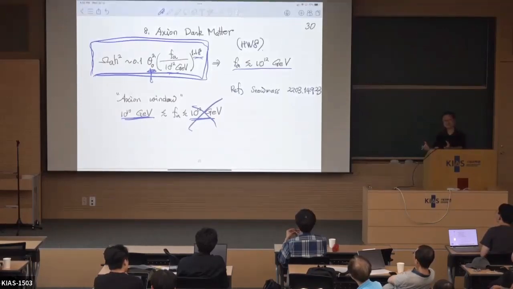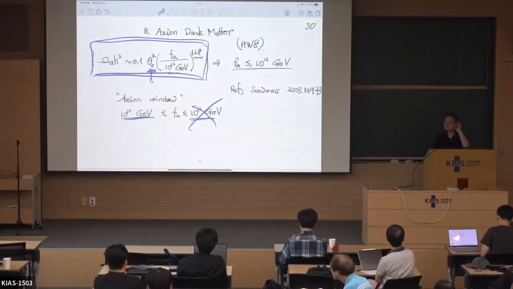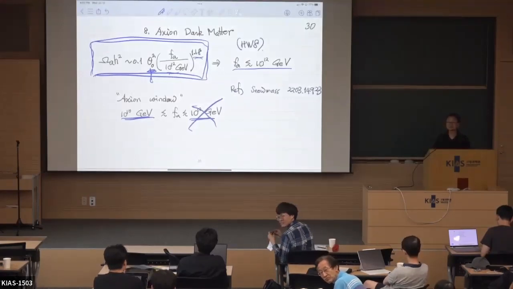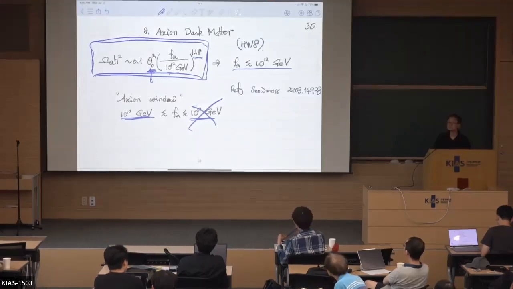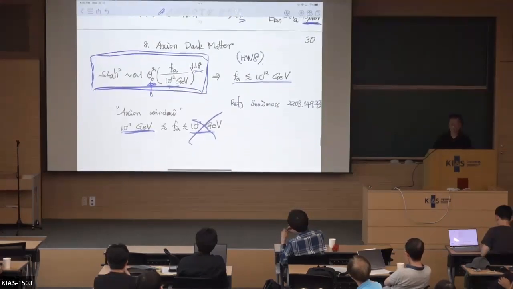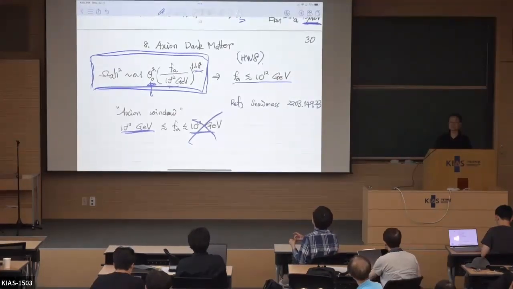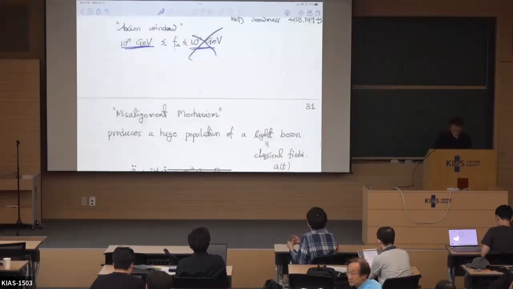For instance, if you think of ALPs in general, f_a can go to, I don't know, 10^18 GeV. If the axion is not the whole dark matter, then you can just remove this. There may come another bound, I don't know. Yeah, basically, yes.